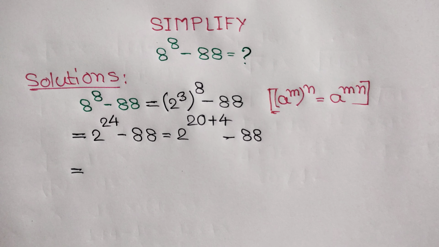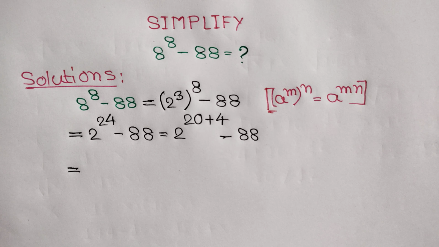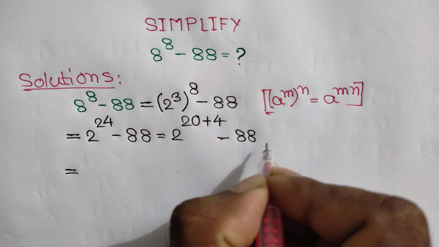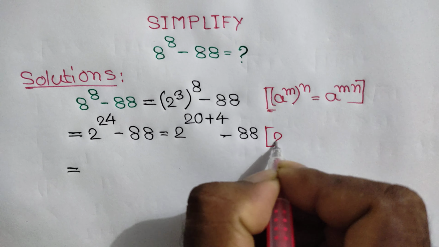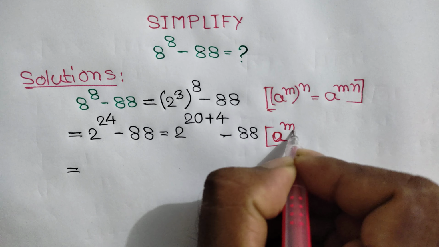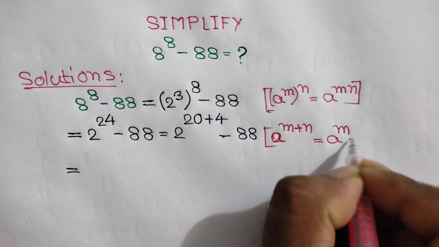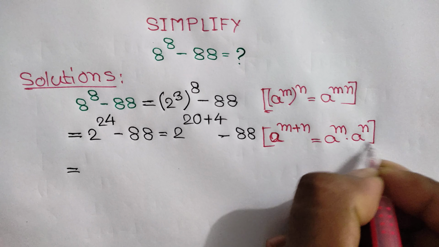Again we know an exponential rule: a to the power m plus n is equal to a to the power m times a to the power n.